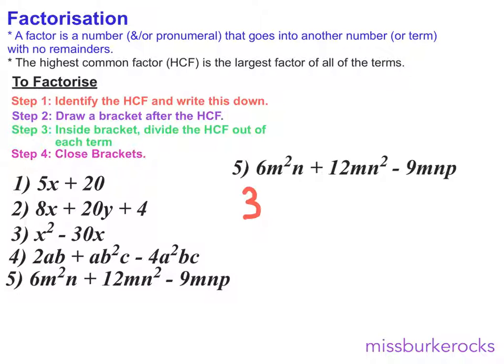All of them have m. All of them also have n. So that's our highest common factor. Then we need to draw our bracket in. And now we need to divide out our highest common factor out of all of our terms. So 6m squared n divided by 3mn gives me 2m.